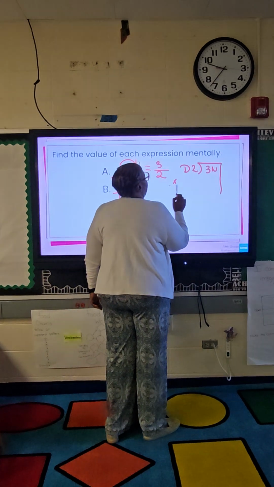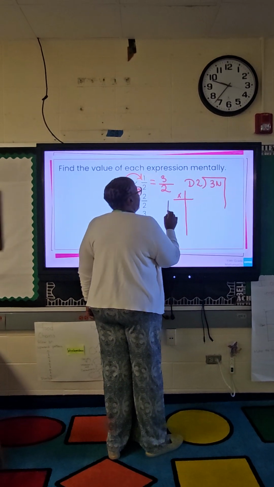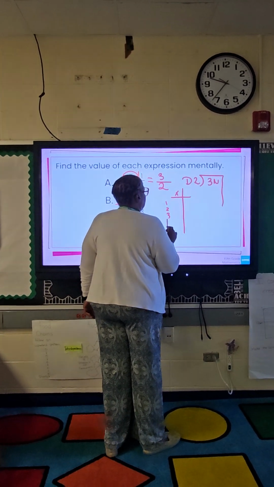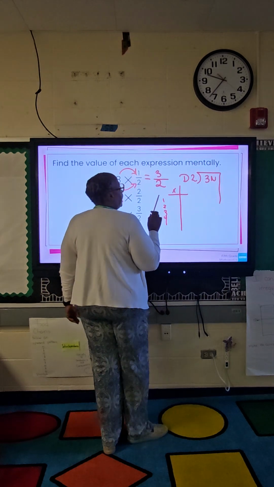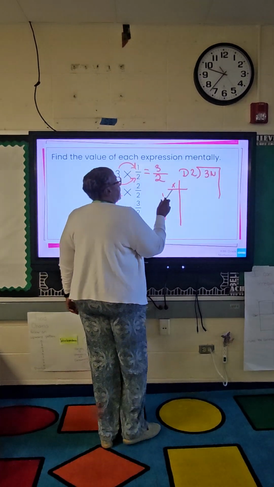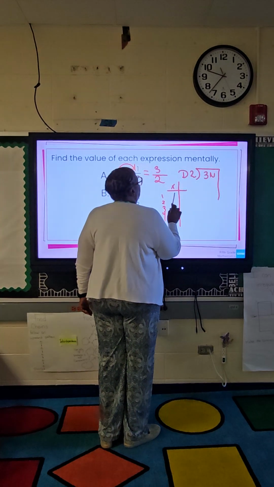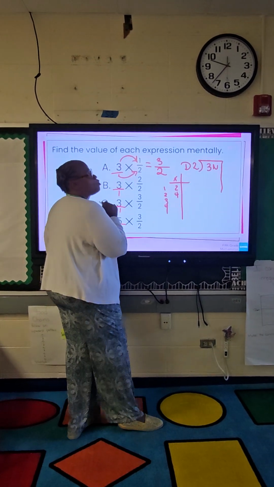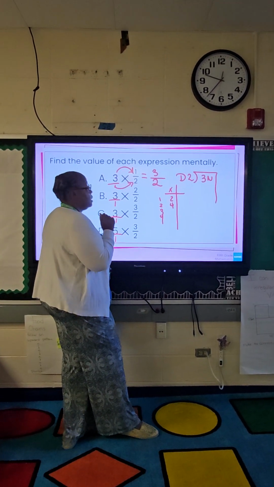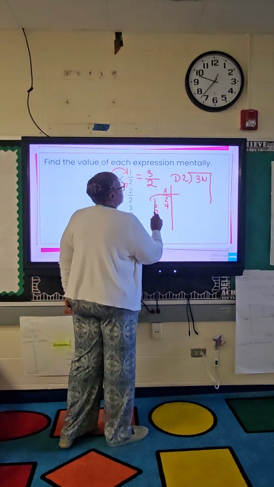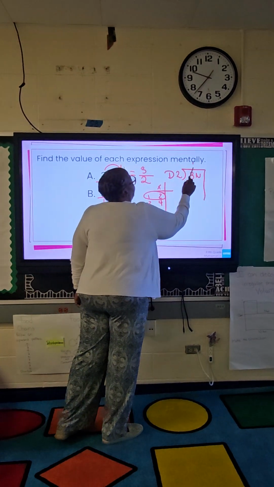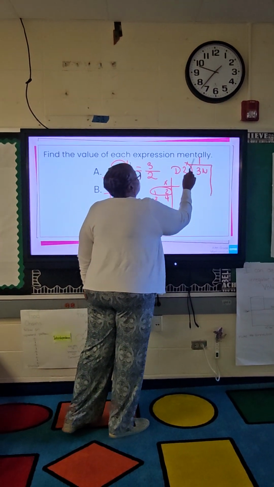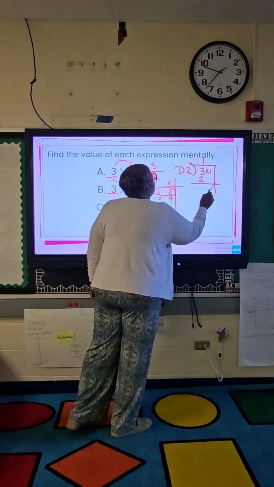Now, if I'm not ready to do my multiplication facts, then I can do that. I'm working with the number 2, 4. Should my number ever go greater than what's in the house? No. So then I'm going to circle this, and I know that 2 times 1 equals 2.